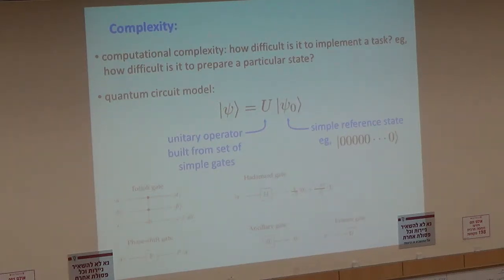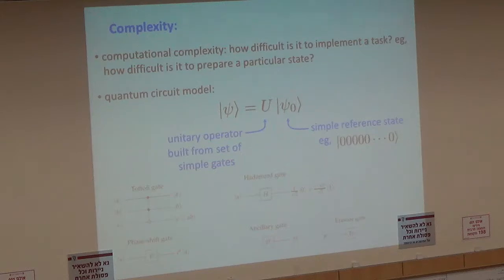I'm going to be talking about a particular quantum field theory, and I want to know how hard it is to build a state. So we're going to start with a simple reference state. If I'm talking about a string of qubits, it might be a string of all spins pointing down. Then I want to build a unitary operator that takes that simple reference state, rotates me through the Hilbert space, and puts me on the desired state.